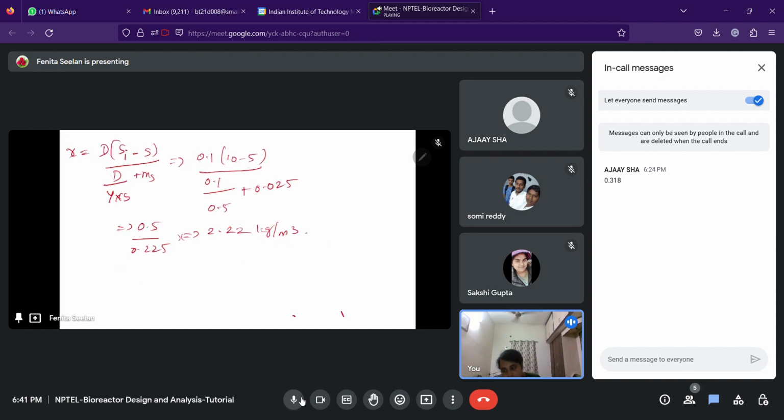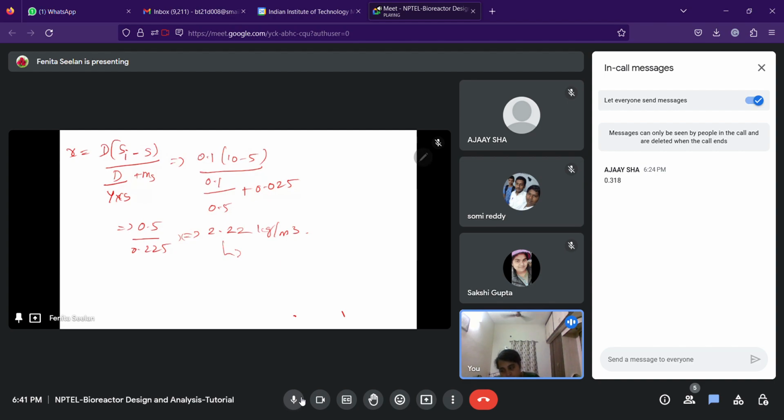We know that the growth is not there. It is given that the growth is negligible in the second reactor. So we will keep the cell concentration as the same X which is entering, the same X, meaning this 2.22 kilogram per meter cube.